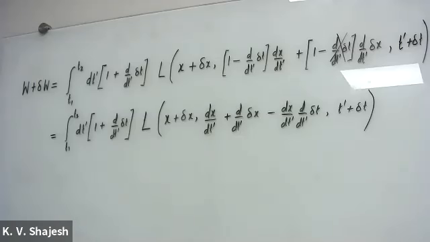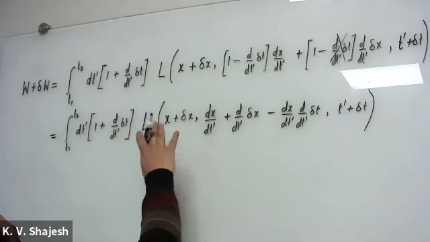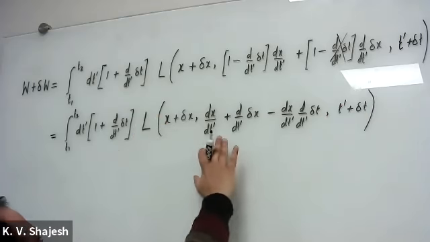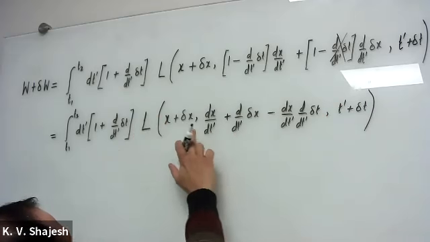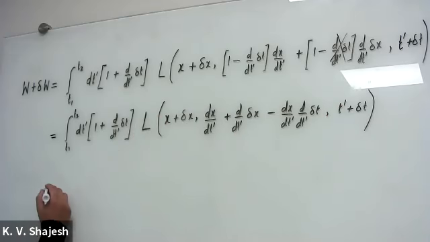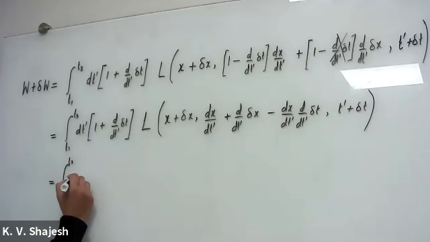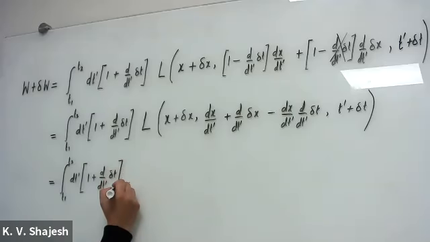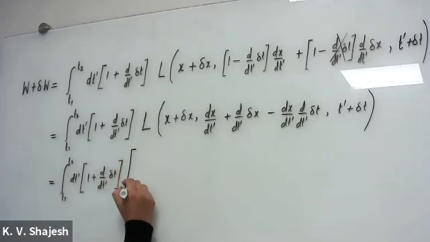Okay, so now we expand this out. That's what we do typically, right? We start with the Lagrangian, Taylor expand this, and all these are the changes. Expand it out: the integral from t1 to t2 of dt prime times 1 plus d by dt prime delta t, with the Lagrangian expanded as a Taylor expansion.